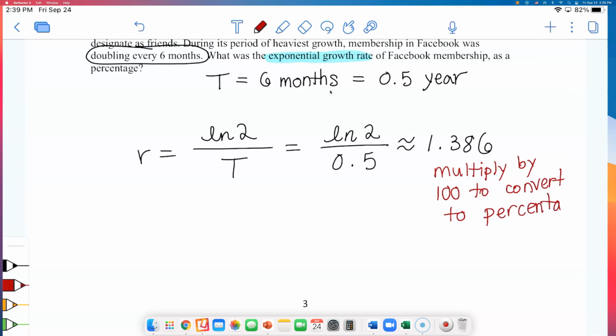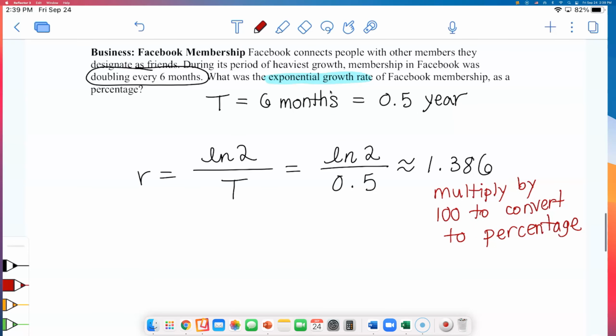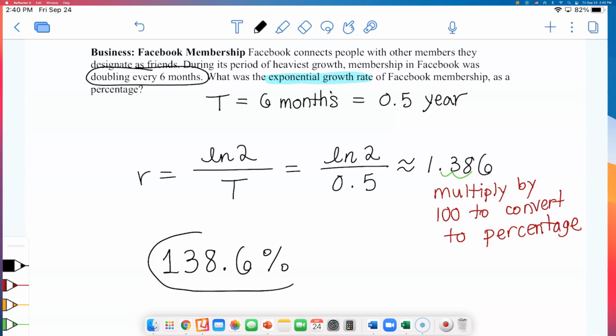So what was their exponential growth rate? I have just moved the decimal 2 places to the right. It is 138.6%.